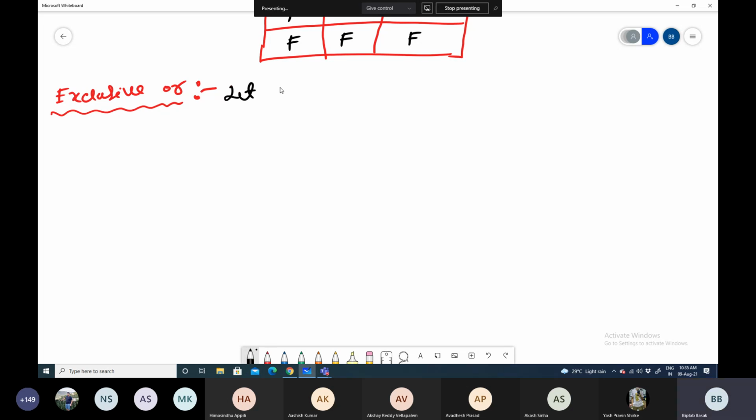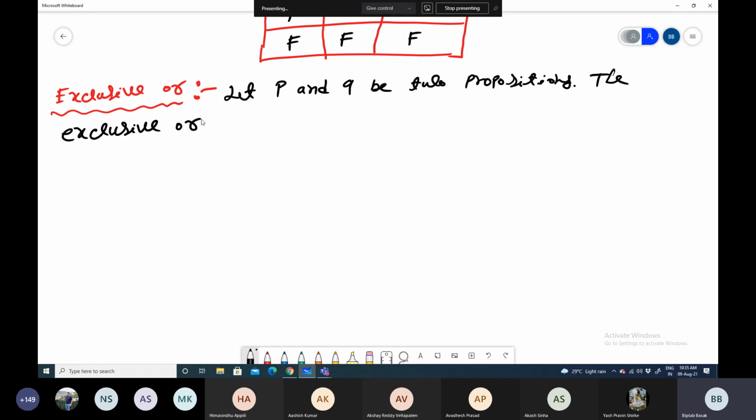So again, we start with P and Q, two propositions. Now the exclusive OR of P and Q is denoted by a particular symbol.